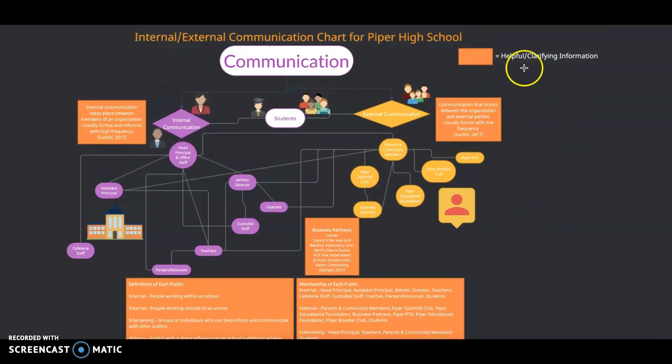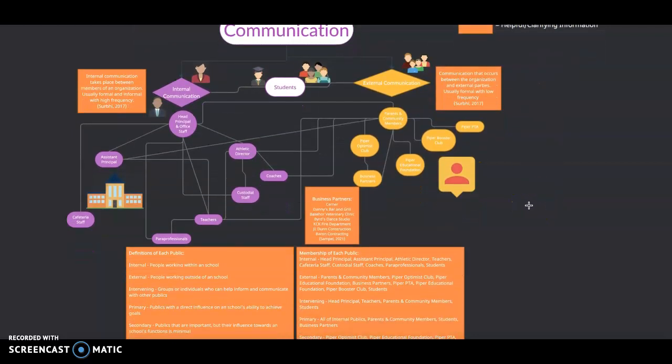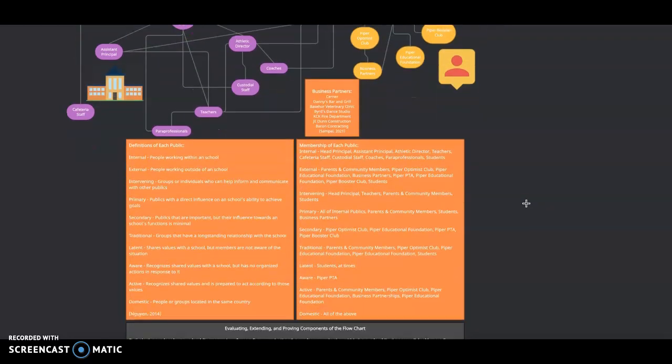And also, I forgot to mention this before, the orange boxes signal helpful and clarifying information. And so, as far as the publics and what groups belong in which public, there are several different subcategories of publics.